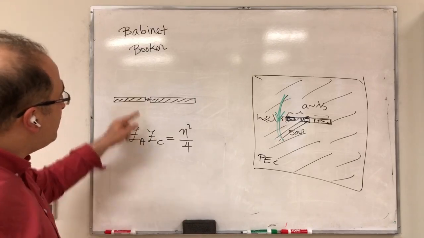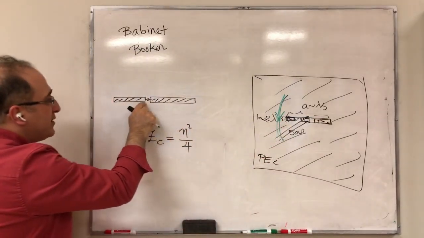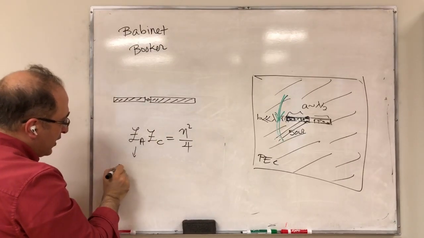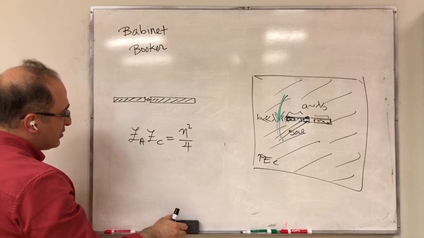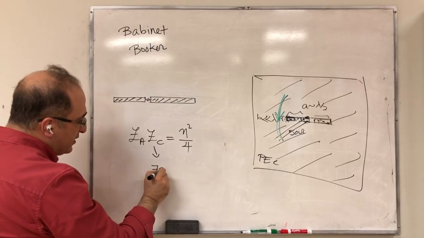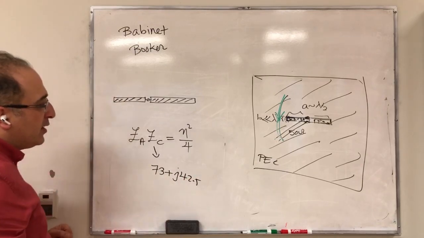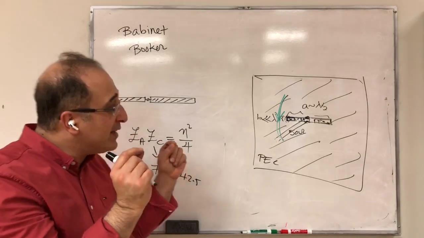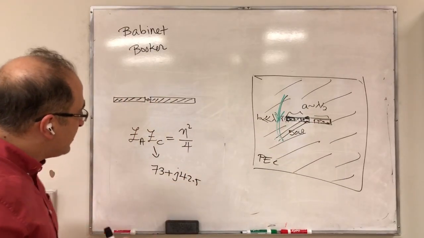Now, if you have a half wavelength, because we assume this is a half wavelength center-fed dipole antenna, its input impedance is about 73 plus j42.5. I mean, you remember that you need to make it slightly less than half a wavelength to remove this reactive part.